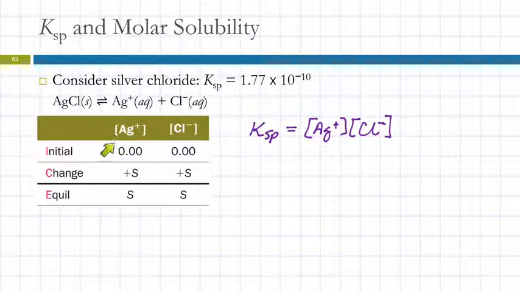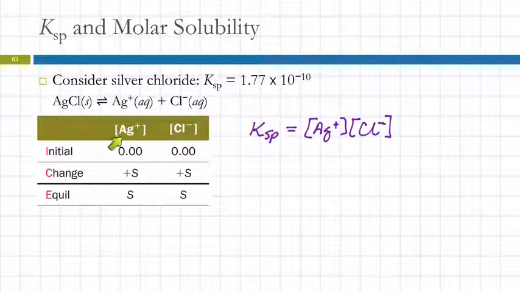As this dissolves, we're going to have an increase or a change in the concentration for each of these. Here, instead of calling this X, we call it S. S is the molar solubility.